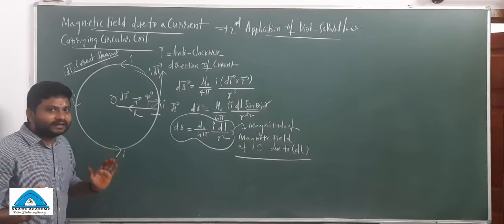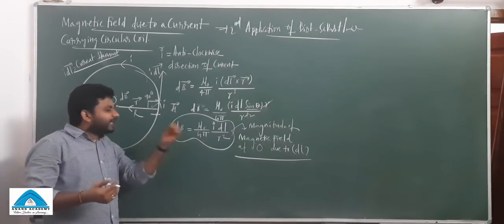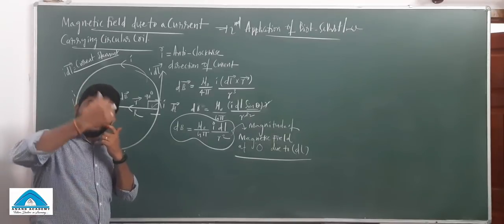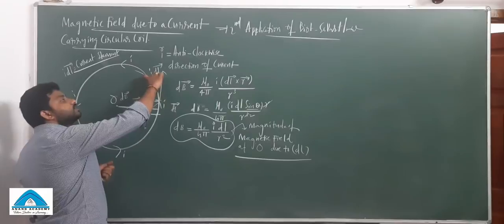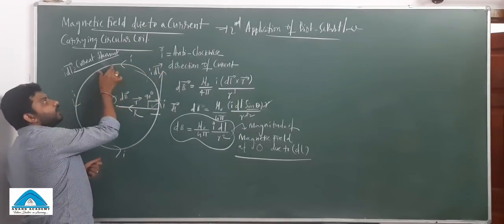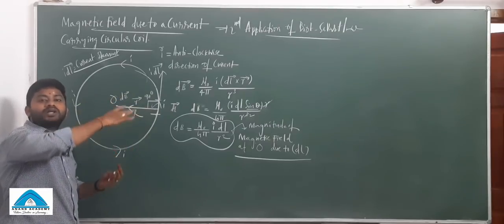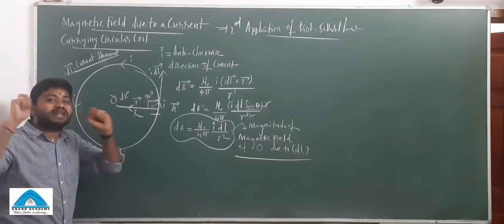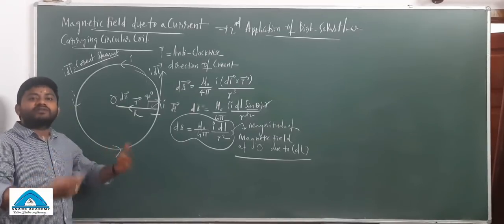Are you understanding it? Now, we don't want this small dB. We need the net magnetic field. If you consider all these small elements, there will be some net magnetic field at the center. So that is our aim. So for that, what we need to do?